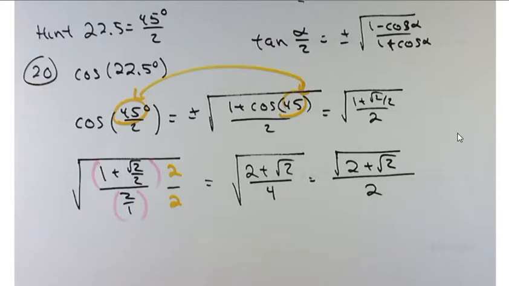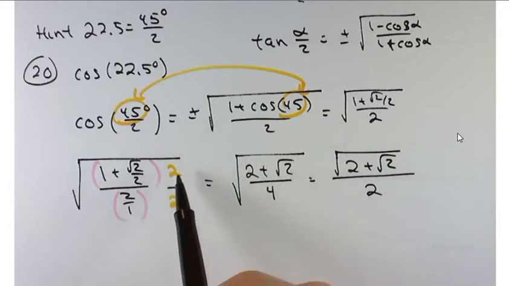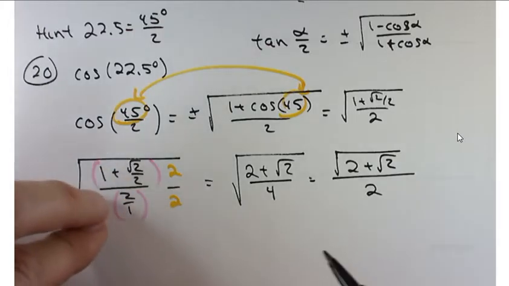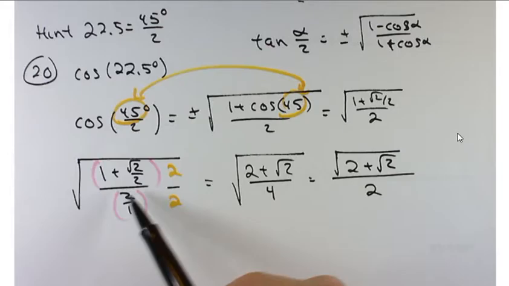If you multiply by 1 over 2? Well, dividing by a fraction is the same thing as multiplying by the reciprocal, so yes, you're going to get the same thing.